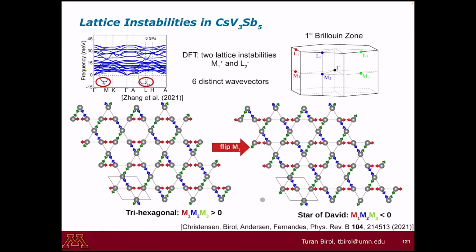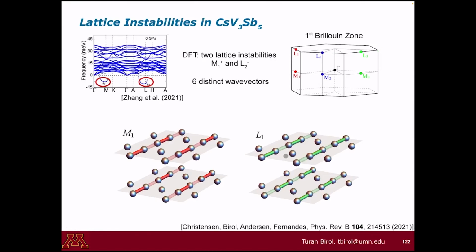So both phases that people were arguing about are actually induced by the same phonon instability. The difference between M and L is that L also has an out-of-plane component, so it would give rise to this out-of-plane modulation. You wouldn't end up with the same pattern on each Kagome layer, but instead neighboring Kagome layers could have different structures.